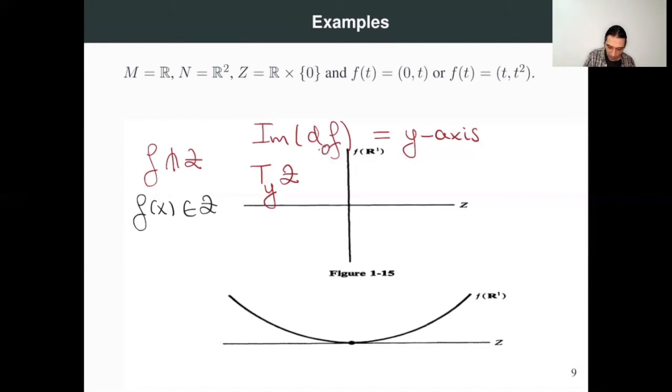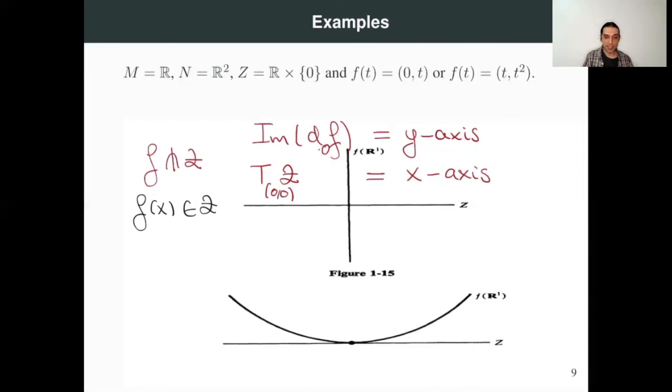And the tangent space that we have to consider for C is the tangent space at the image of 0, which is the tangent space at the origin, okay? And this tangent space is going to be the x-axis. And the sum of these two vector subspaces, the y-axis and the x-axis, is indeed the plane. So F is transversal to C.